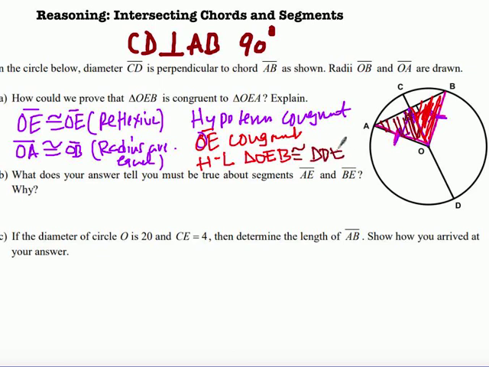That's how we show that the triangles are congruent. Okay, so that's part A.